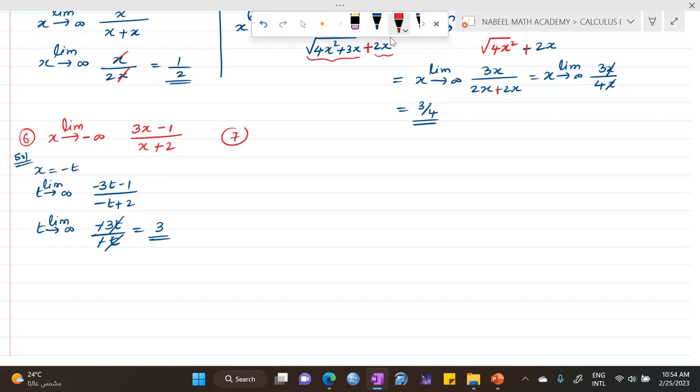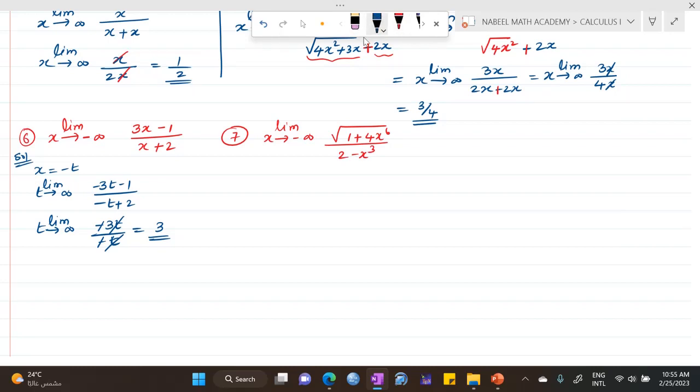So this one, we have limit x approaches minus infinity, square root of 1 plus 4x⁶ over 2 minus x.